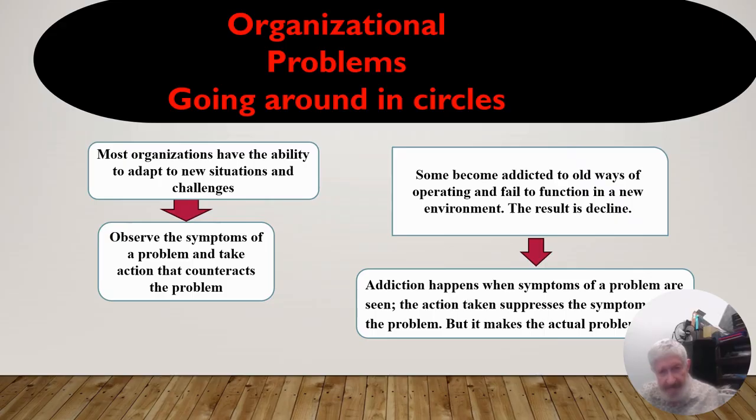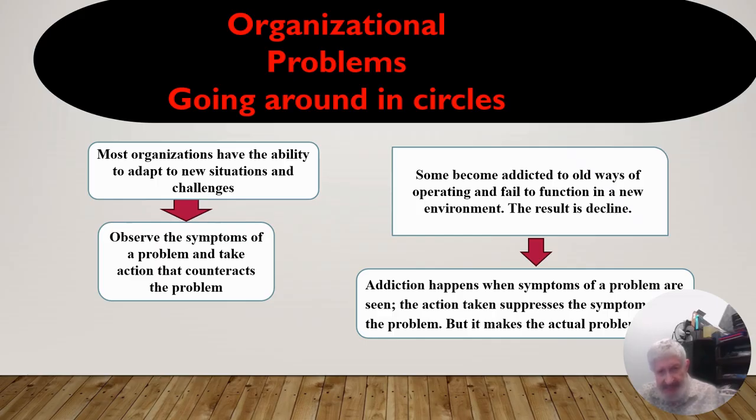And so the addiction archetype is a recurring pattern where a system becomes really dependent on short-term solutions instead of addressing a deeper underlying problem. And I'll give you specific examples.